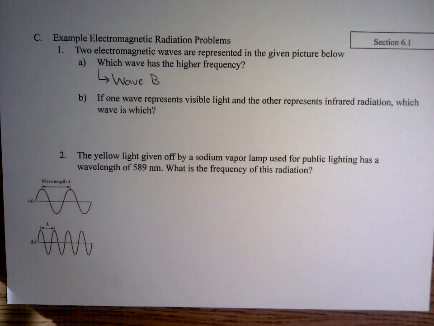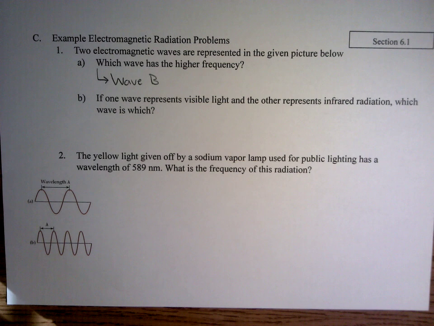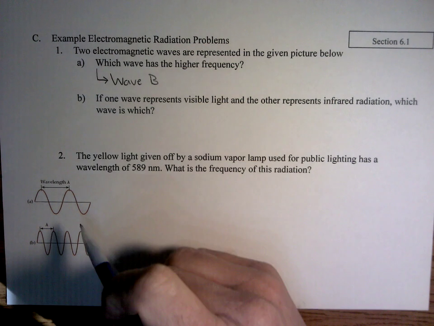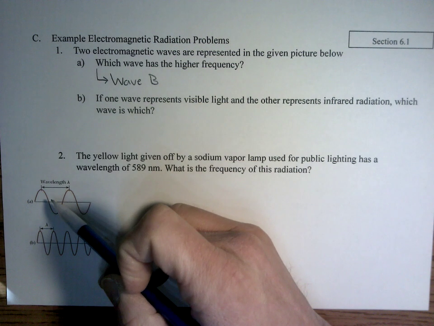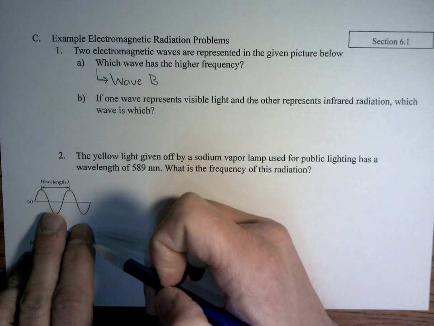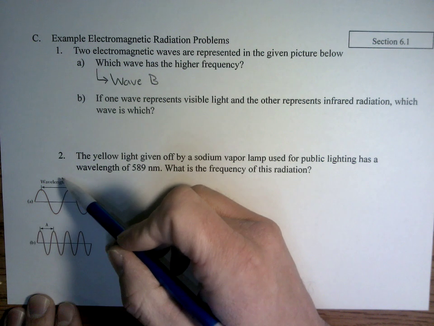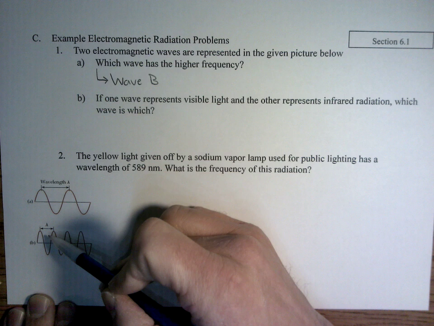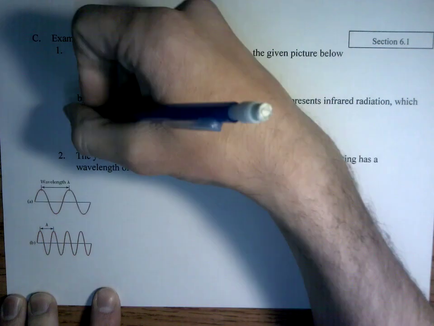And infrared radiation is just to the right, and the wavelength is getting a lot larger. So what we're saying, infrared is going to have a lot larger wavelength. So you check this out. The wavelength here for wave A is much larger than wave B.